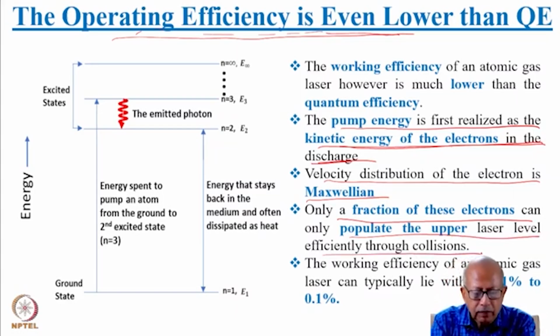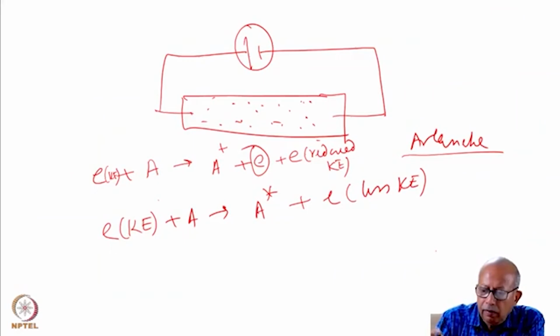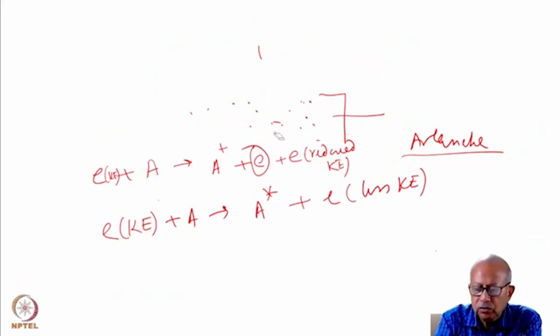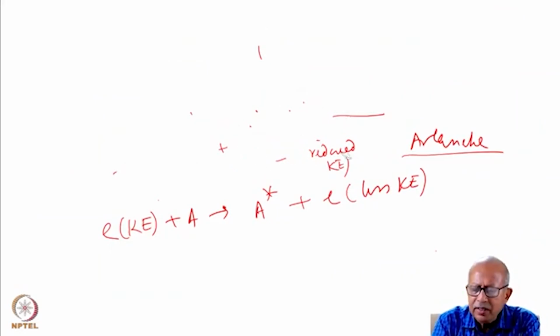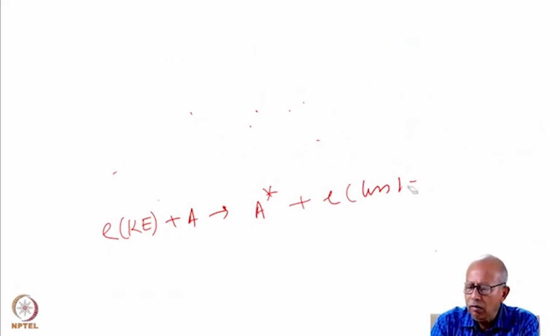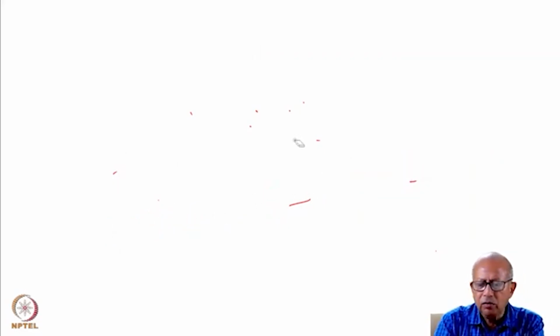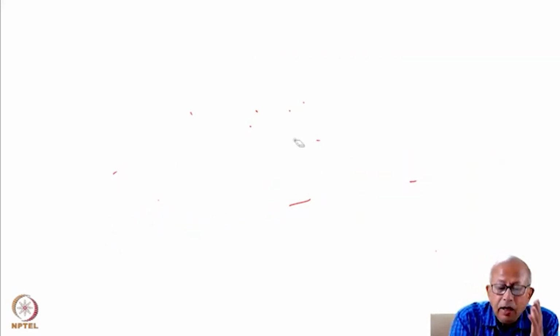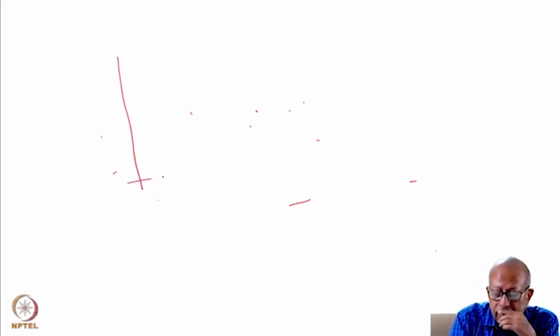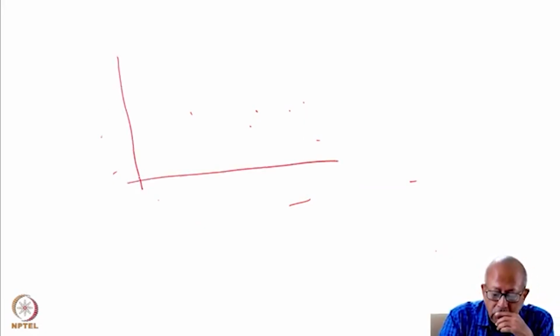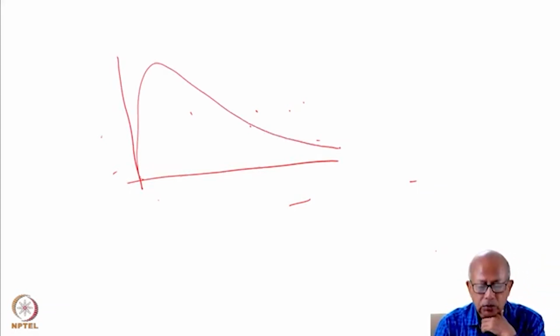You see, the electrons' kinetic energy will have wide-ranging values. Different electrons will have different kinetic energy, and the velocity distribution will follow a Maxwellian distribution.